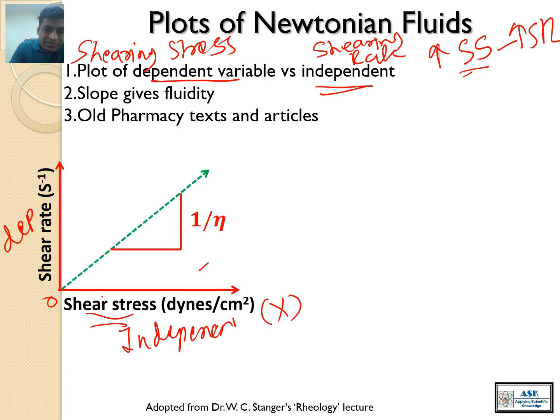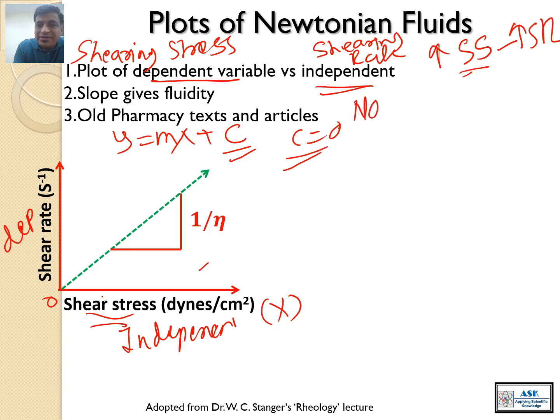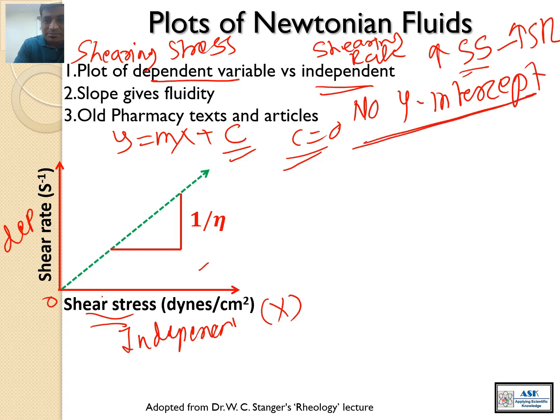And one more thing I'm trying to tell again: if you take the straight line equation, it is y is equal to mx plus c, but c is 0, so there is no y-intercept in Newtonian liquids. I'm stressing that again because it has another implication, and you will see it in the next few videos.